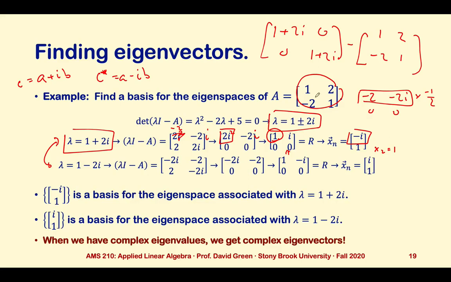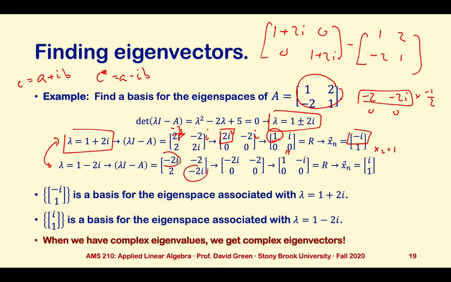Complex eigenvalues for matrices that have real numbers always are in complex conjugate pairs, for reasons we're not going to dig into. But what that also means is that when we go through this process, the only thing that has really happened is that there's a sign difference for these diagonal entries.